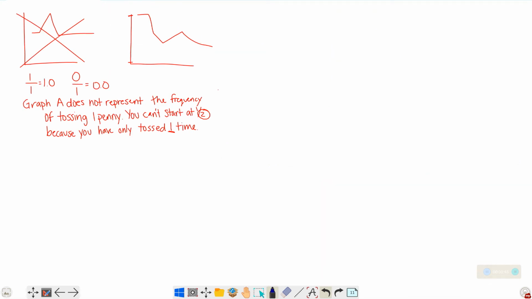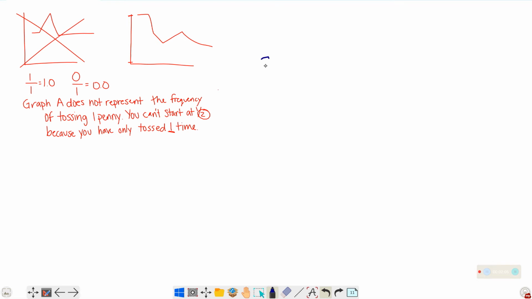Jerry indicated that after tossing a penny 30 times, the relative frequency of heads was 0.47. He indicated that after 31 times, the frequency of heads was 0.55. Are his summaries correct? Why or why not?